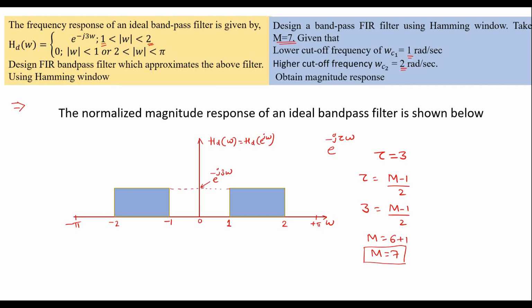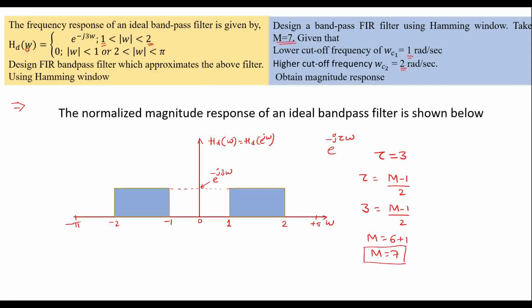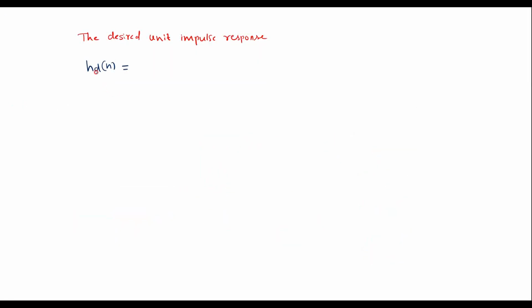In the design of an FIR filter, the very first step is that we are supposed to obtain the desired unit impulse response HD of n. HD of n is nothing but the inverse Fourier transform of HD of omega.